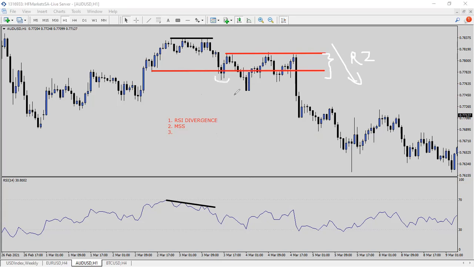When price breaks structure, pulls back, and then breaks structure again, this is a good signifier that momentum has shifted. So we put it as momentum shift. Because the first break of market structure can be a fake out. So this first break of market structure in here can be a false break.